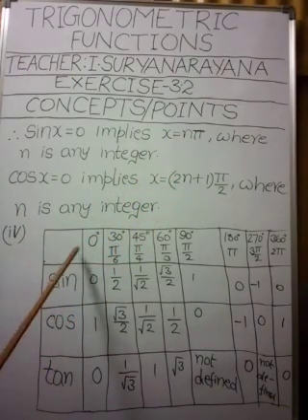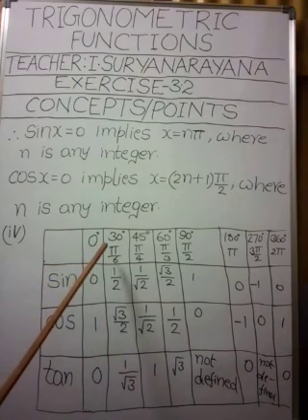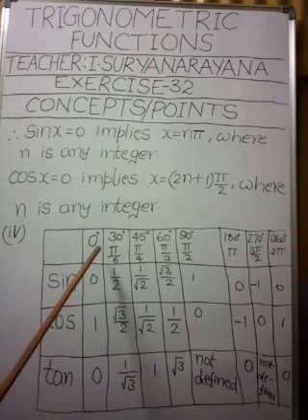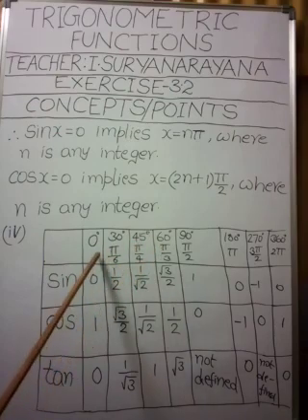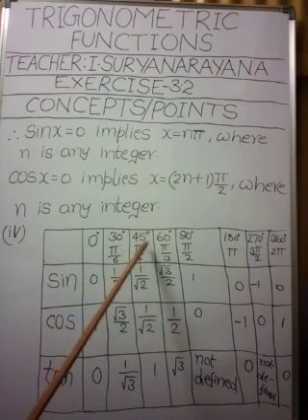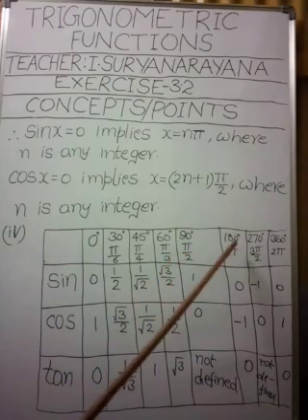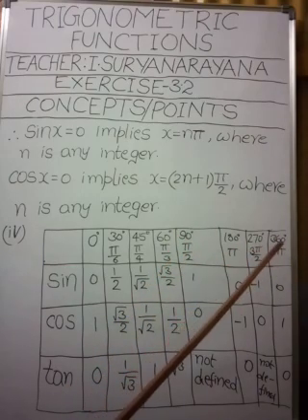Now come to this point. You have already learnt in 10th class the trigonometric ratios of these common angles: 0 degrees, 30 degrees, 45 degrees, 60 degrees, 90 degrees, 180 degrees, 270 degrees, and 360 degrees.